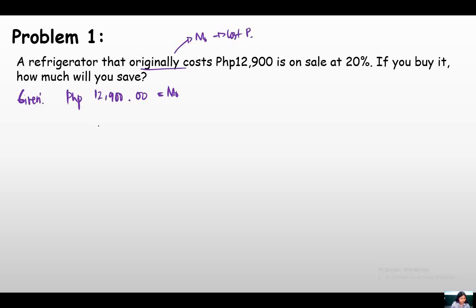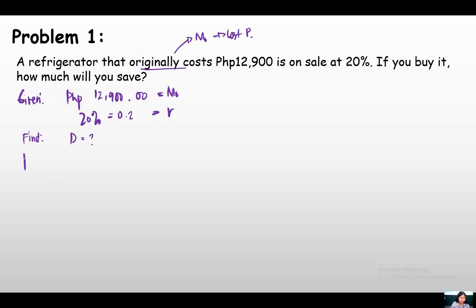Next given, we have 20%. If we convert this, we have 0.2 or 0.20. So this is the rate. What is asked in the problem? We are asked to find how much you will save, so this is the discount.